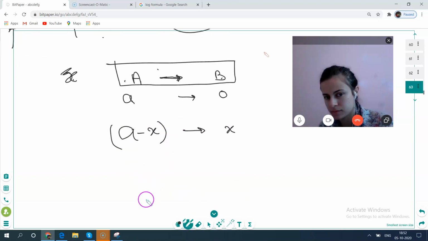So please tell me, what is the rate of reaction here? dA by dt, dx by dt, or d(A minus x) by dt?